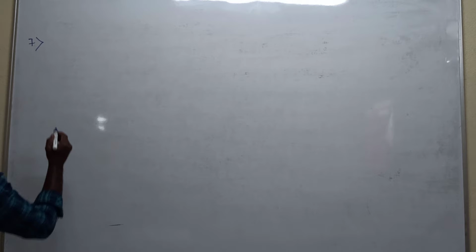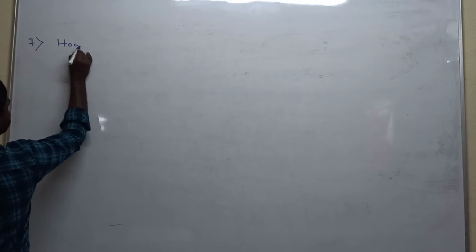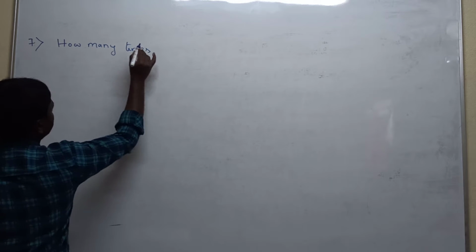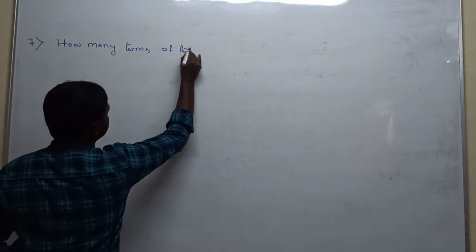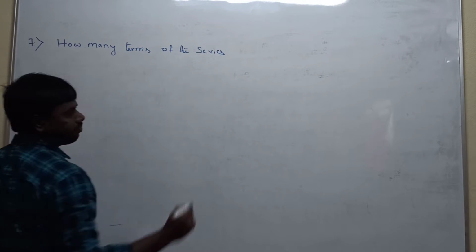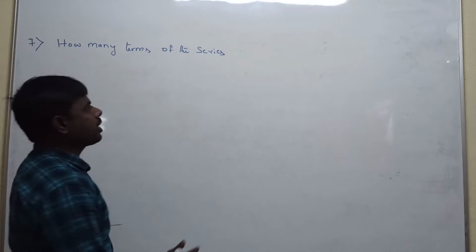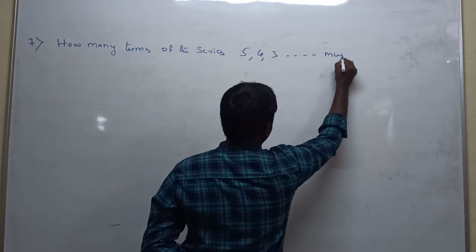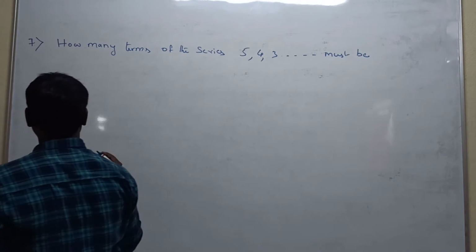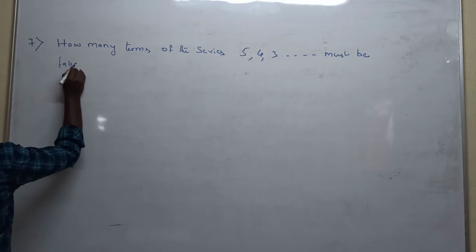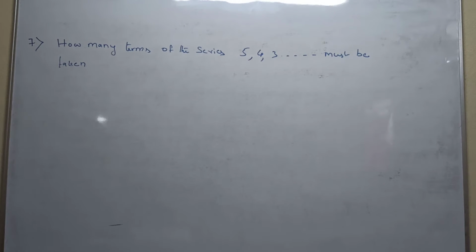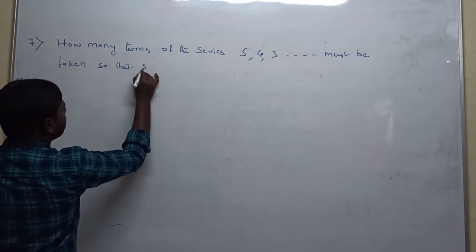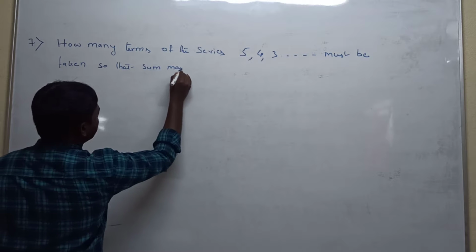How many terms of the series 5, 4, 3 must be taken so that the sum may be minus 90?